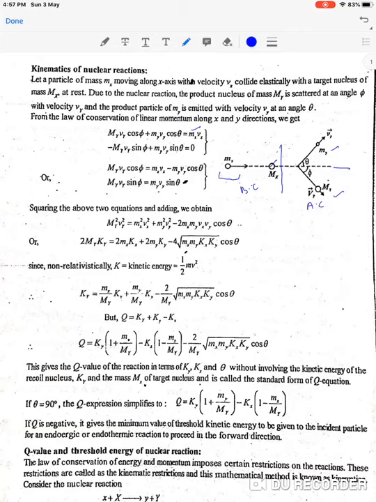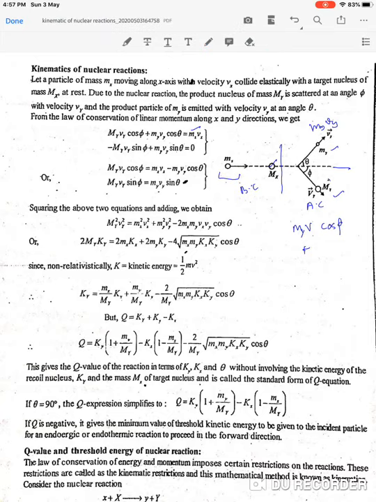After the collision, the particle making angle phi with respect to the x-axis has momentum m_y v_y cos phi, and the other has momentum M_Y V_Y cos theta.